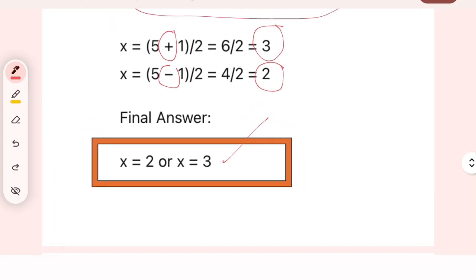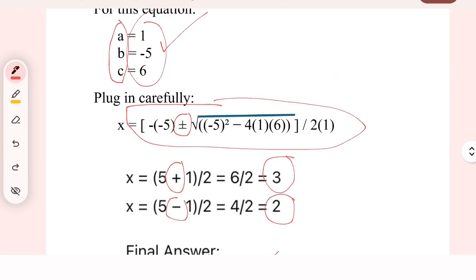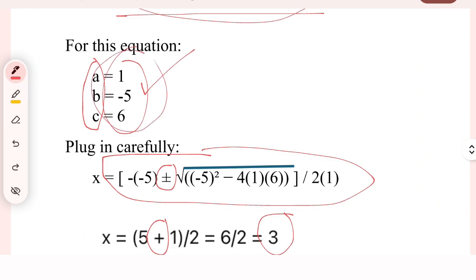All right, for me, I rather use the quadratic formula because I just need to have a, b, and c, and once I have a, b, and c, I just need to put them into the quadratic formula and then solve for the values of x. All right? But that would be your preference, right? Whatever is best for you, then do that, all right?